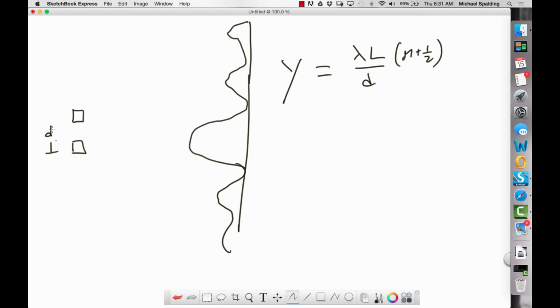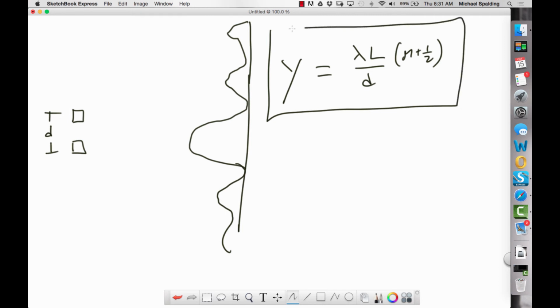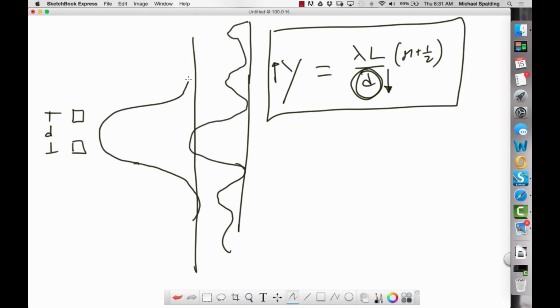How would your answer to B change if the two speakers were moved closer together? Well, what's D here? D is the distance between the speakers. So look at our equation that we derived right here. If D becomes smaller, what's going to happen to Y? It's going to get bigger. So what happens is this interference pattern spreads out. Instead of looking like this, it's going to spread out like that.